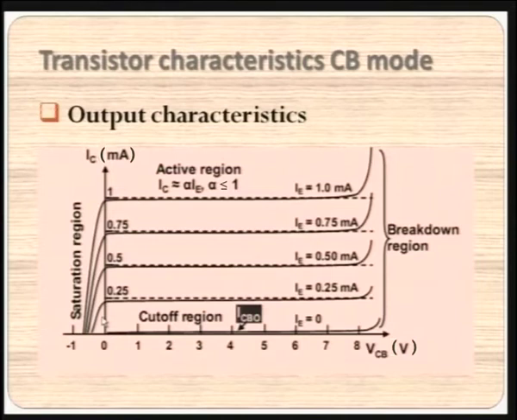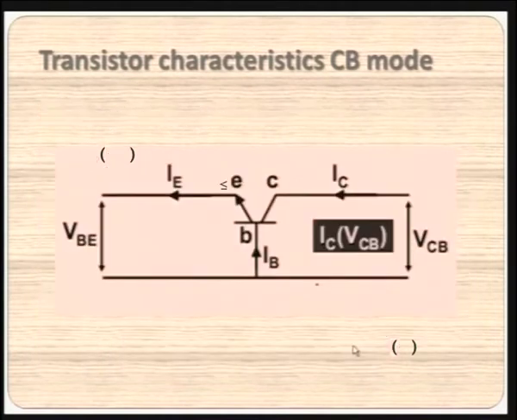Let's have a look at the trend. Here, the knee voltage is occurring exactly at the 0 value of VCB itself. Let's have the circuit diagram and see where the VCB is applied. And this is the VCB.